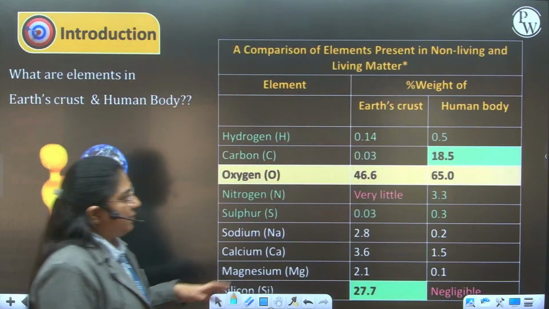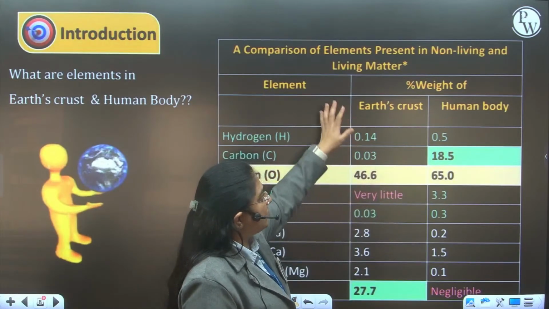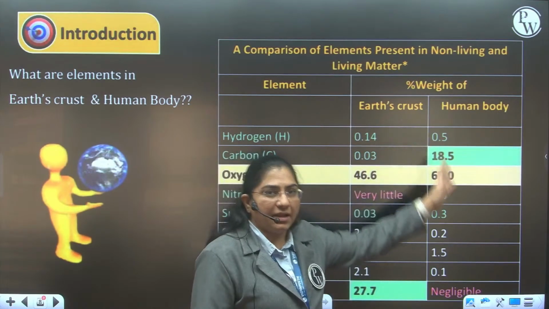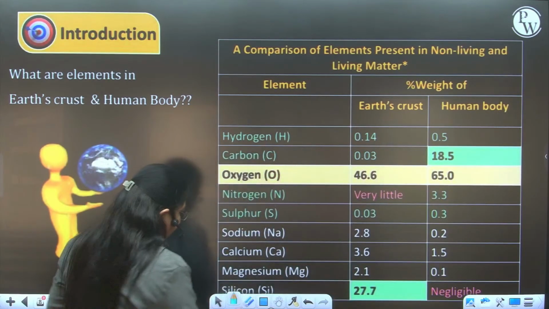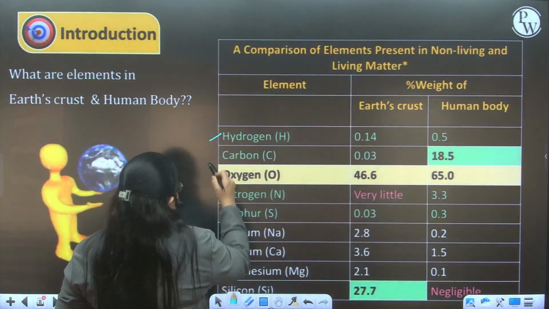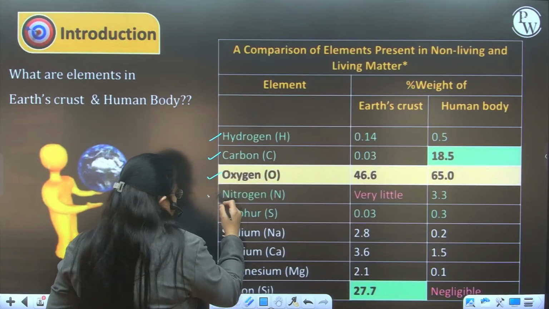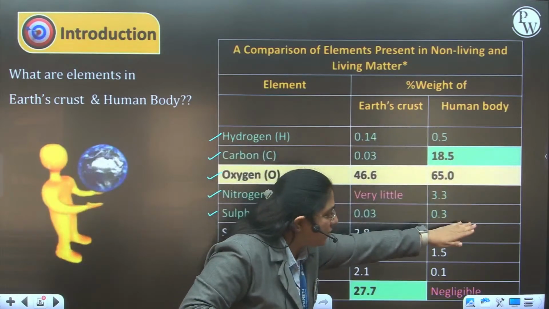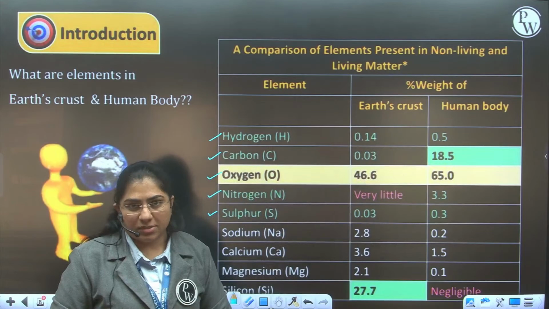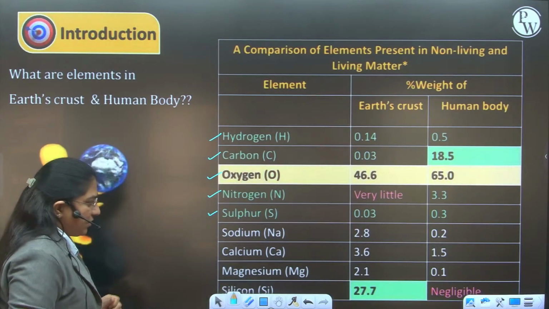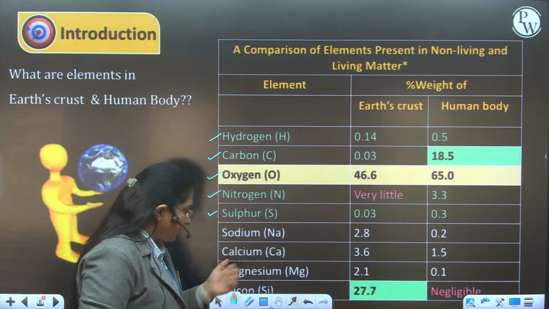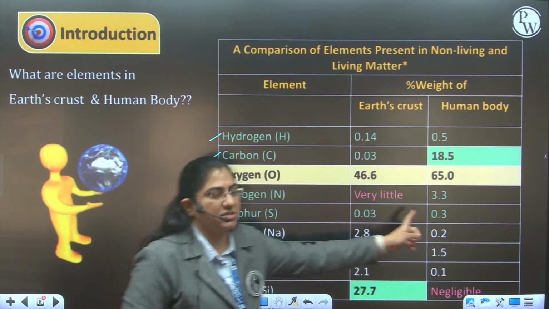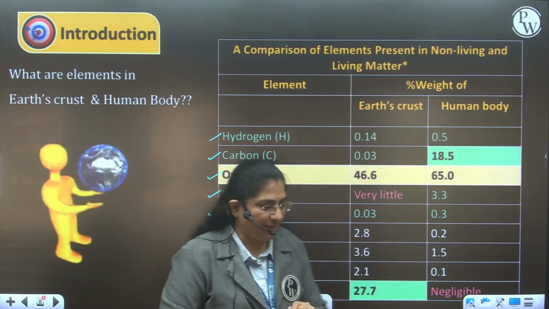Now, when we take a table wherein we have the percentage weight of certain elements in the Earth's crust and in the human body, you will see that hydrogen, carbon, oxygen, nitrogen, and sulfur are more abundant in the human body as compared to the Earth's crust, whereas elements such as sodium, calcium, magnesium, and silicon are more abundant in the Earth's crust as compared to the human body.